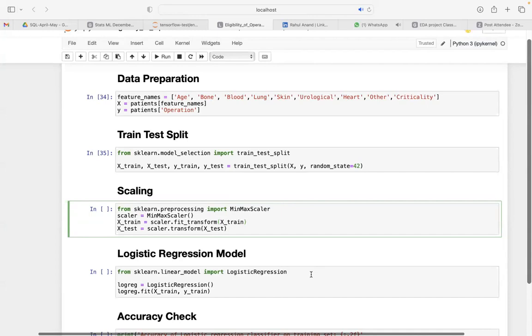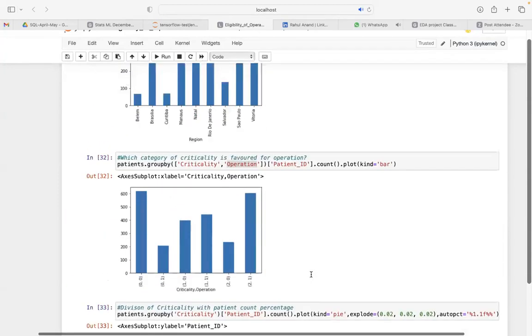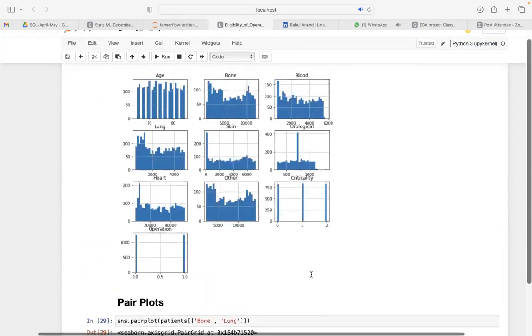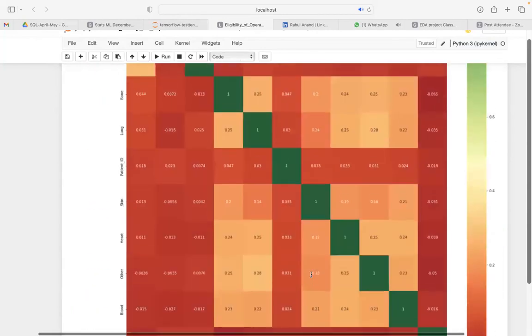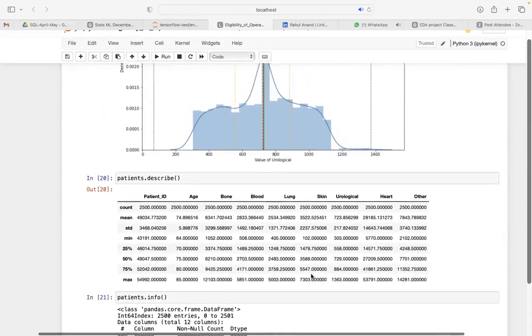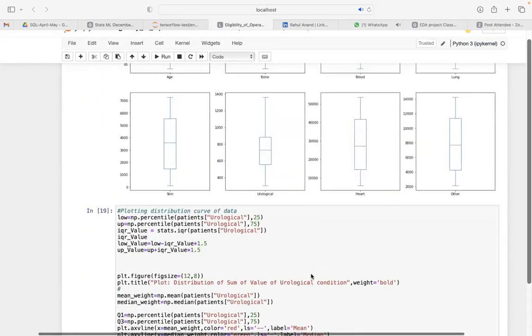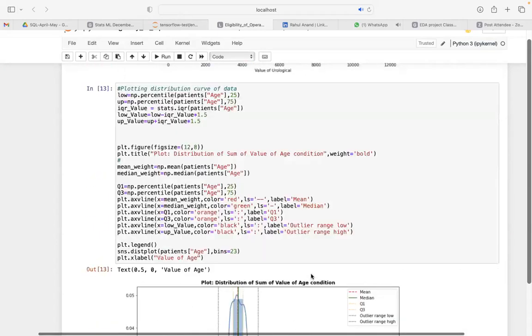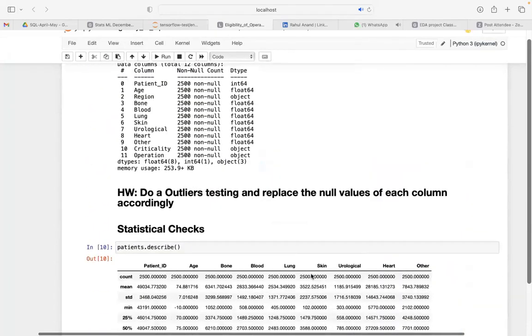What's the need of scaling? A machine learning model should not give importance to any feature which has a larger scale compared to another one. Exactly. In simple terms, to keep all the values on the same scale, and it is also good for our linear models. And computational time will also be less.